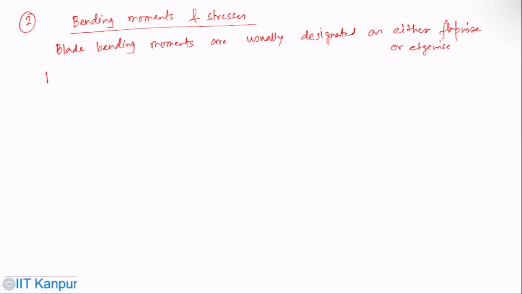When you talk about the flapwise bending moments, they cause the blades to bend upwind or downwind.